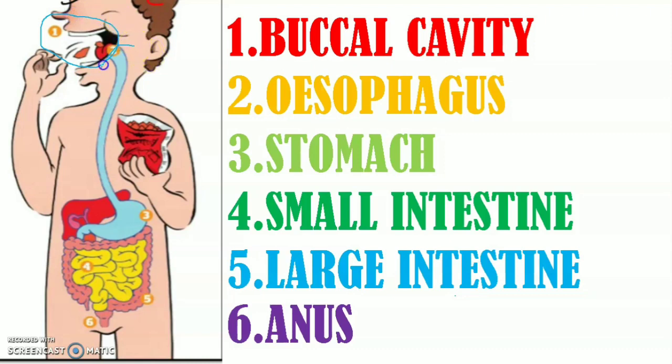Then it goes through the esophagus, then through the stomach, then to the small intestine, to the large intestine, and then out through the anus. And you see this reddish brown gland over here, this is the liver.